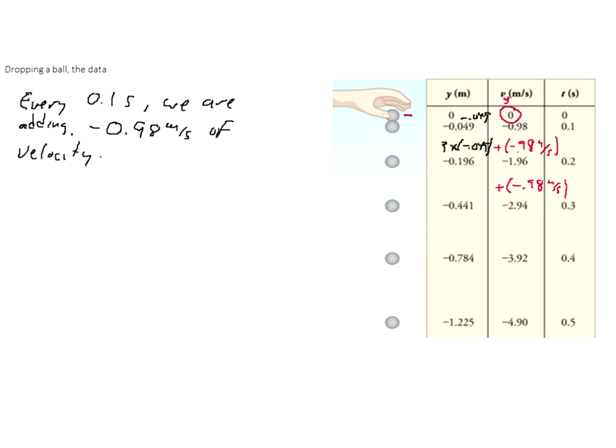Here we are adding 5 of these negative 0.049. Sorry, that doesn't look very good. So the first time we added 1 of those, so 1 times that. Then we added 3 times that.